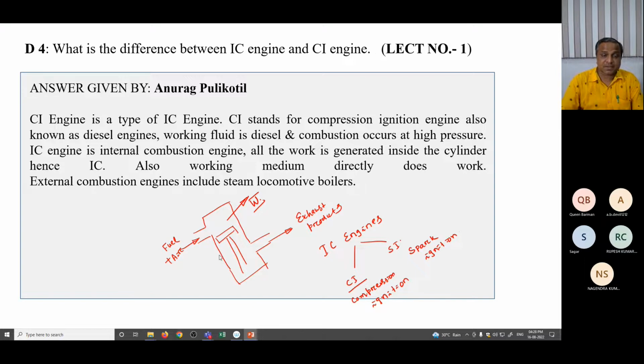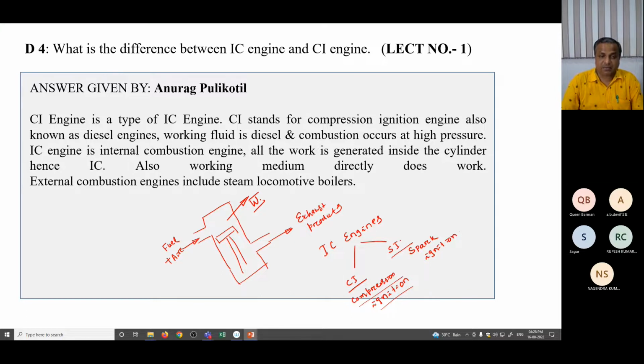But the question was, what is the basis of CI? CI means the way the fuel-air charge is ignited. In compression ignition, it is a self-ignition process. During the compression process, the pressure and temperature in the engine cylinder shoot up. As a result, the fuel self-ignites. That is called the compression ignition method.